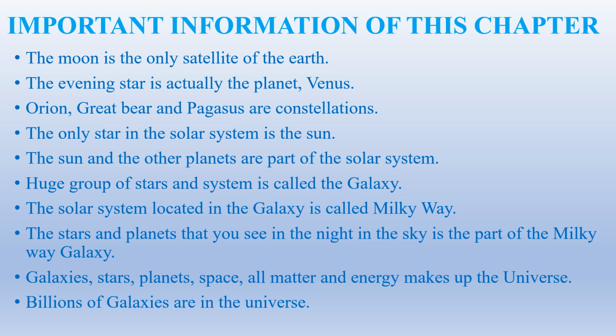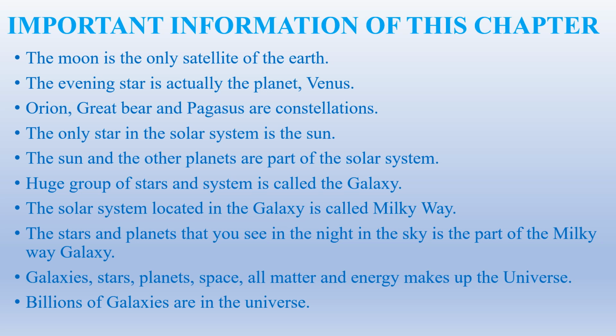The only star in the solar system is the sun. All the other stars are far, far away from the Earth. A huge group of stars is called a galaxy. The galaxy in which the solar system is located is called the Milky Way.